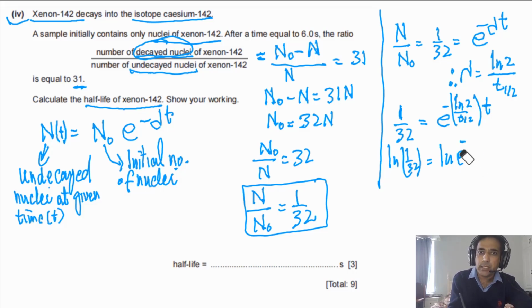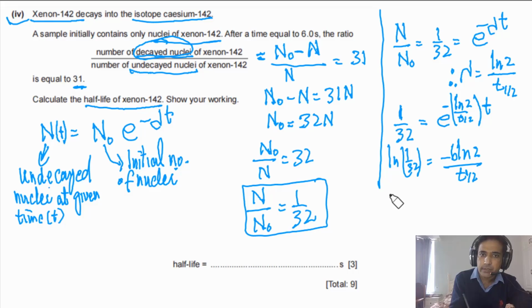So I'll just write down directly: if you take ln, the exponential cancels, and we will have minus 6 ln 2 divided by t1 by 2.